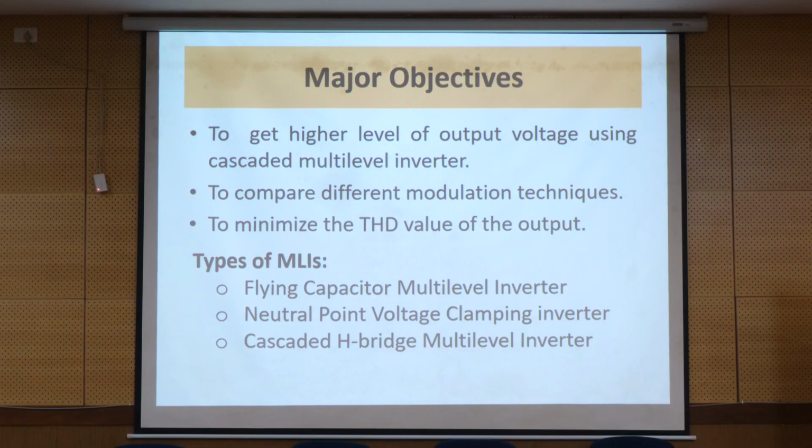One more thing: in the case of the cascaded H-bridge multi-level inverter topology, you can't obtain even levels; you will get an odd number of levels, whereas in these other cases you are going to get even levels of output voltage also. Repeatability and redundancy are the major factors, so it is more feasible to develop modular multi-level inverters using the cascaded H-bridge topology.